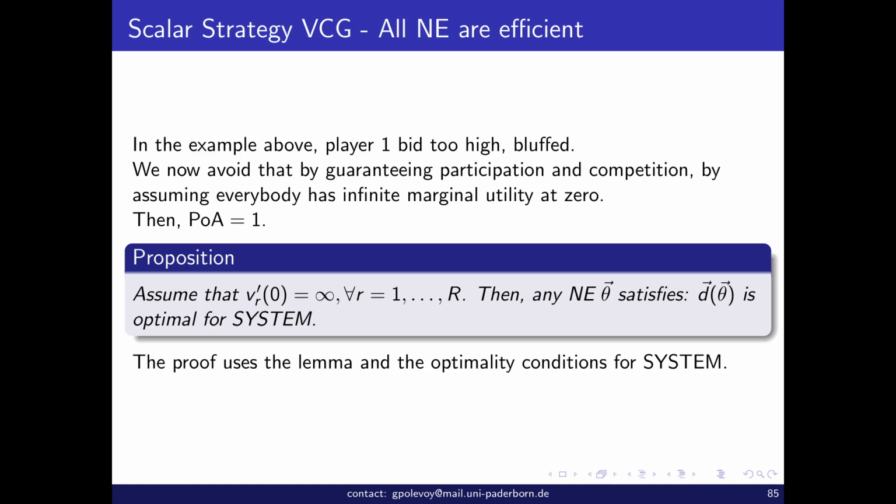So our proposition is as follows. Assume that the marginal utility, so the derivative which you get in 0 from getting more, is infinite for every player, so everyone infinitely wants to get something when having nothing. Then any equilibrium will satisfy that the resultant allocation is optimal for the system.